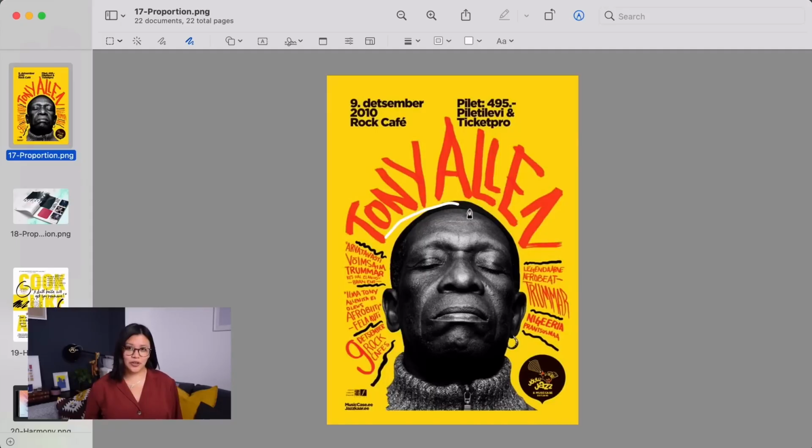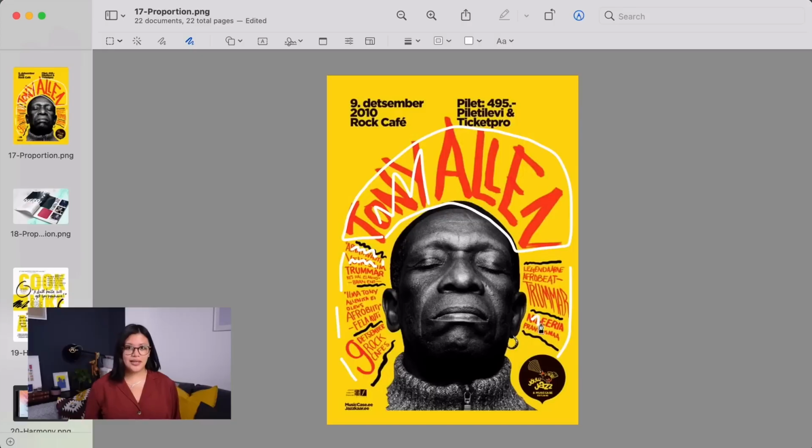At the very center, we have the name of the subject, and then we have the supporting elements on the sides. When we talk about proportion, we're talking about how the main information is big and clear, and then the supporting information is in a smaller type size because that is secondary, almost like a body copy in a magazine.